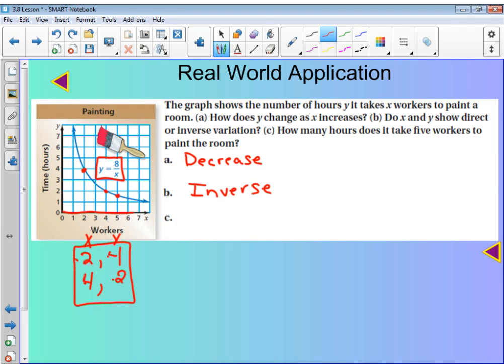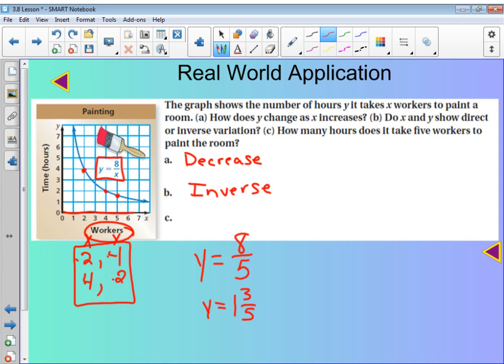So Y equals 8 over, now our X was our number of workers, so I'm going to substitute in a 5 where my X was. Now Y equals 8 over 5, which if I divide that out, 5 would go into 8 once, and there's 3 left over.